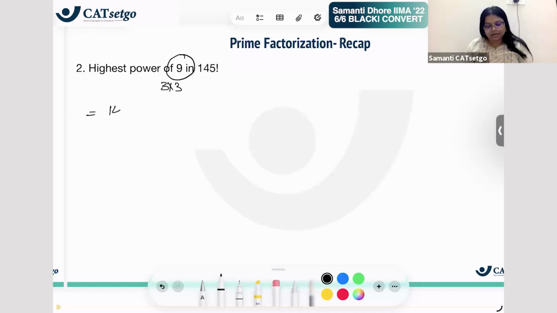So the 145 factorial one that we solved yesterday, what was the answer there?